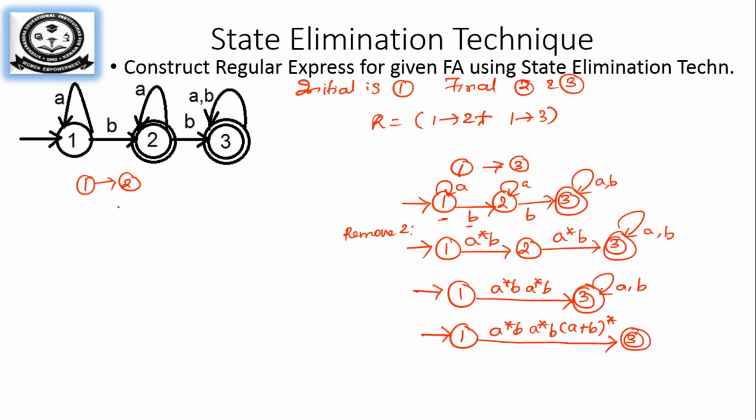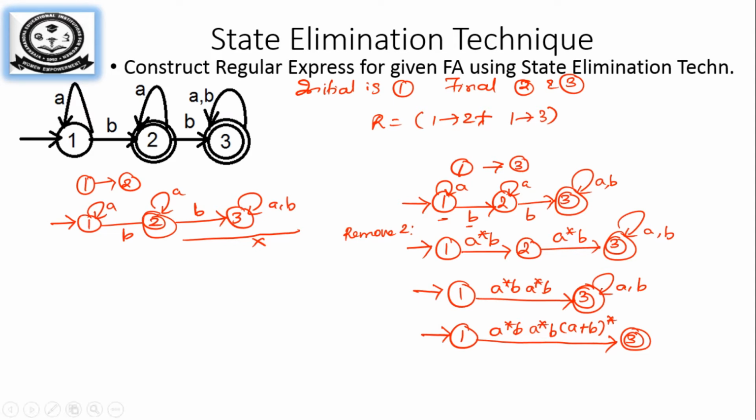Now coming to 1 to 2. So we'll have 1, a self transition A. Now here 2 is the final state and 3 is not a final state here. So you have a transition over A comma B here and this will be B. 2 has a self transition A and 1 to 2 will be B. Now in this I don't want this state, so you can remove it, because from the initial state I have to go to the final state 2 alone.